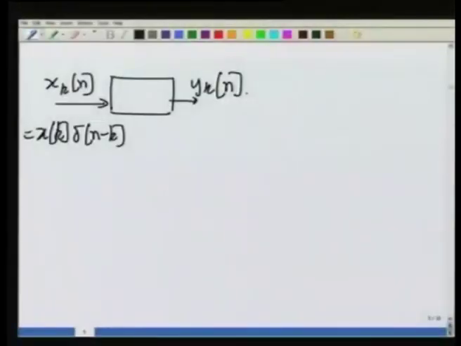The point is, using homogeneity and time invariance, I can actually find out what y_k[n] is going to be, instead of just leaving it as some unknown signal like y_k[n]. I can exactly find out what it is in terms of, surprisingly, h[n], the impulse response.